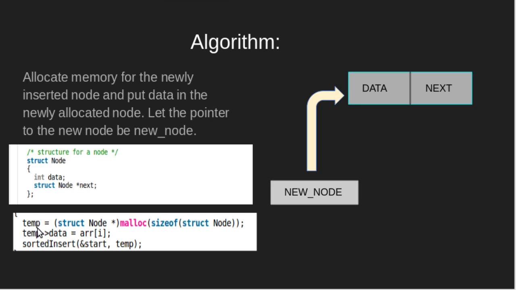Struct node star temp equals struct node star malloc size of struct node. Temp dot data equal array of 5. This is the data you want to enter in a circular linked list. Now after that you have to call sorted insert and star temp. Now the star is the head of the node.